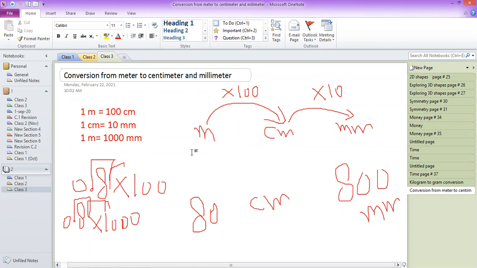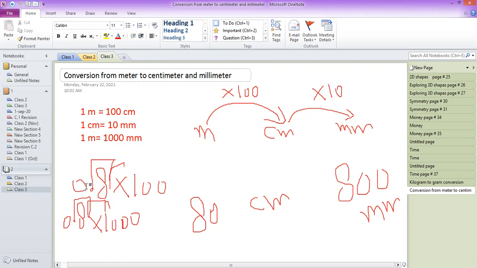But what if I give the value in decimals, like 0.8 meter? The formula will be the same, the technique will be the same, you just need to revise how to multiply a decimal number by 100. To convert any value from meter to centimeter, you multiply by 100. It is 0.8 meter, you multiply by 100.